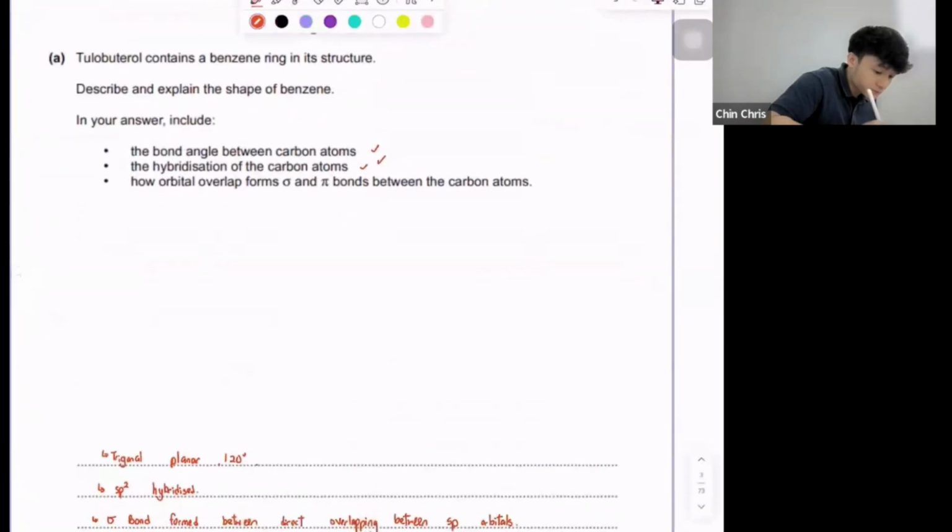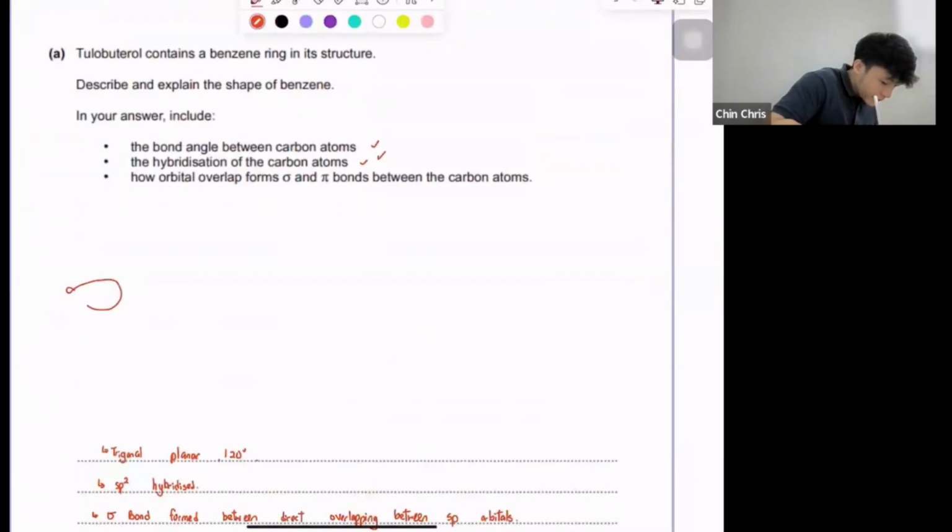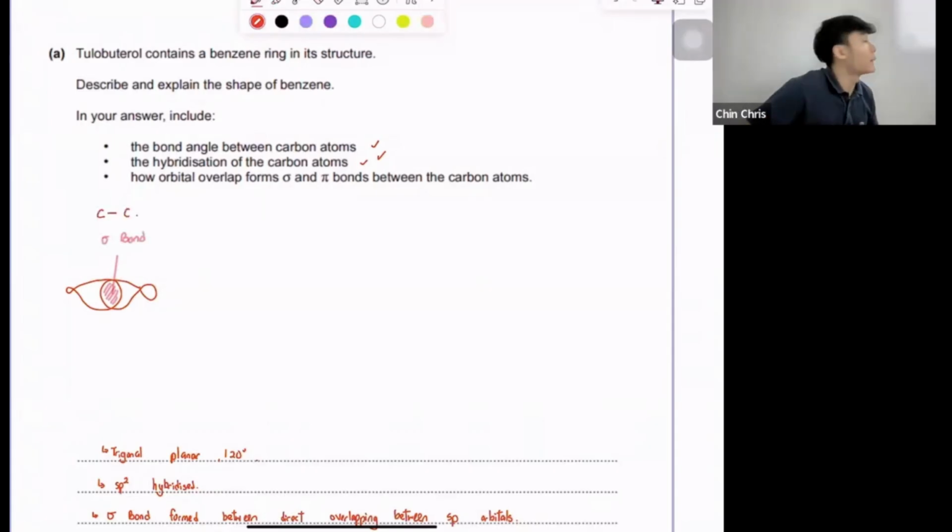An sp2 orbital overlapping with another sp2 orbital, forming a sigma bond. This is a sigma bond for C and C, right?